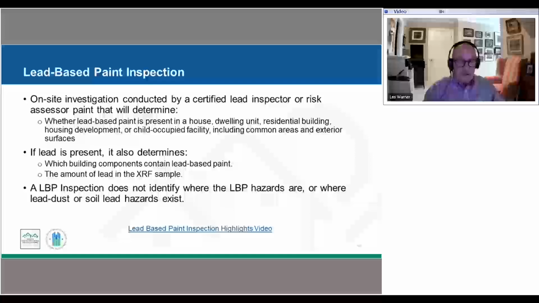As I mentioned, we may be using an XRF machine, which will give us a printout on each of the surfaces we have chosen to test, showing whether that building component includes lead and the level of it. It's not identifying hazards, but simply identifying where there is the presence of lead paint.